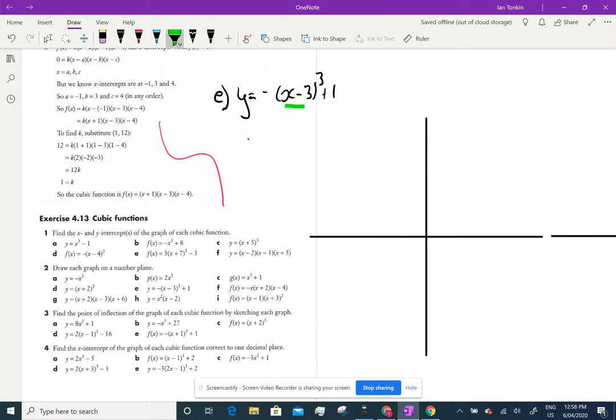Or what makes that 0? It's going to be moved 3 to the right and up 1. So 1, 2, 3, and up 1. Okay, so it's going to look something like that. And even that's poorly drawn. I'm going to do that again.